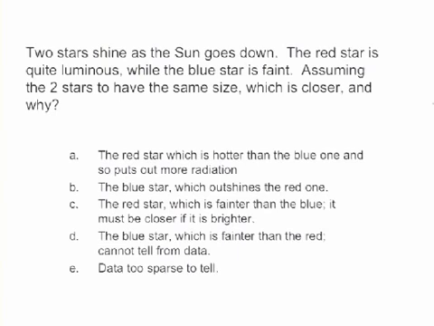So, which is closer? Let's assume the two stars have the same size. Which is closer and why? Talk about this to your neighbor and get back to me. Which of those stars is closer?